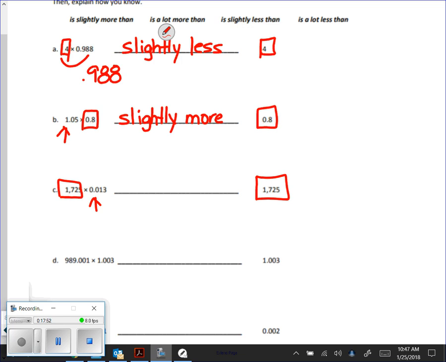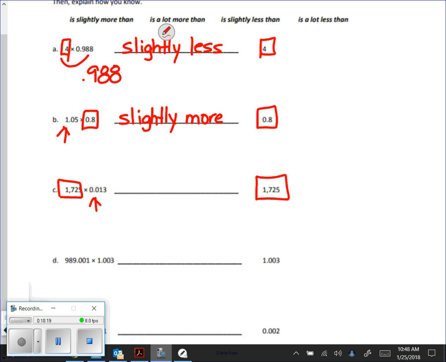There's not even anything in front of the decimal. Now we need to decide, is it going to be slightly less or a lot less? So we need to look and see how far away from 1 it is. Is it way far away or just a little? How far away from $1 is that?